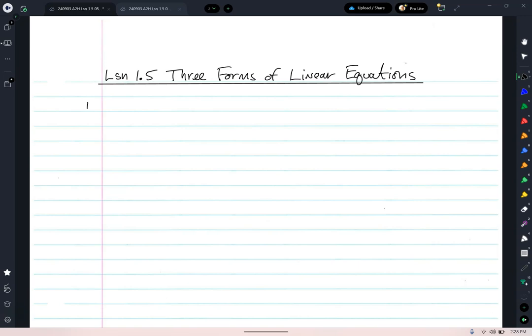Of course, the first one, we're just going to sort of review because we already talked about this in our last lesson. It was the connection of our slope-intercept form. So that was our y equals mx plus b format.